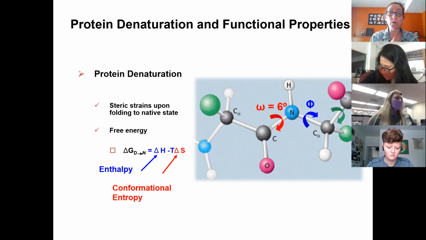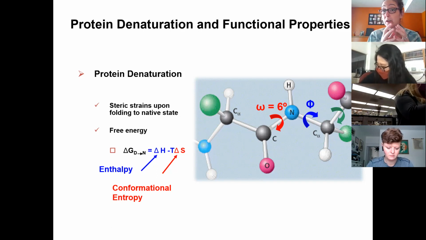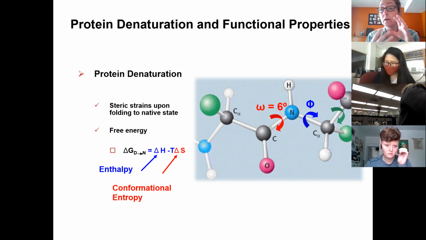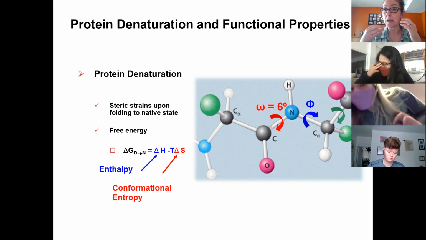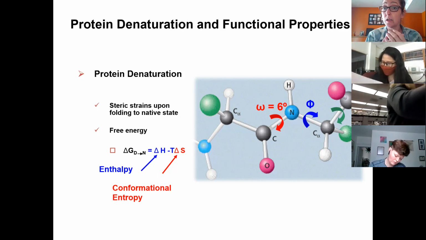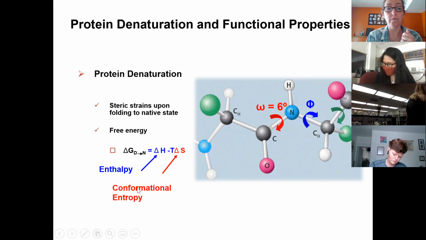All right, so protein denaturation. We talked about the formation of the protein tertiary and quaternary structure and stabilizing it, but now we're going to talk about the reversal of that. When the protein contains the free energy, it forms a stable structure. However, if there's any denaturing agent that causes breakage in bonds, that causes the conformational entropy to increase.